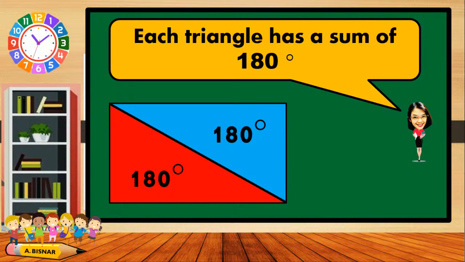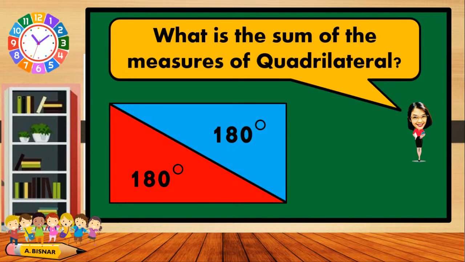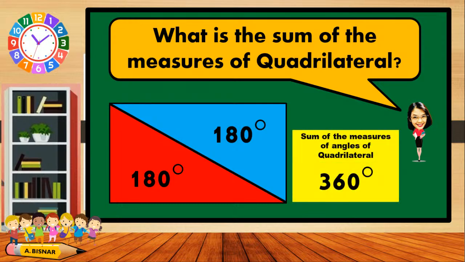And since we have two triangles to form a quadrilateral, then what is the sum of the measures of a quadrilateral? What is the sum? That's correct, Rodrigo. The sum of the measures of angles of a quadrilateral is 360 degrees. Okay? So, yan yung kabuuang measurement.